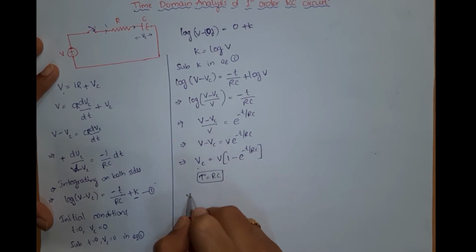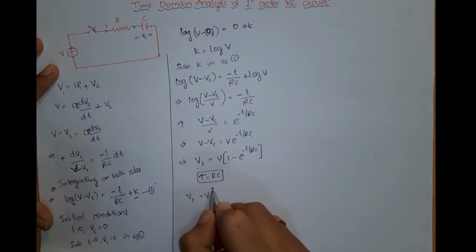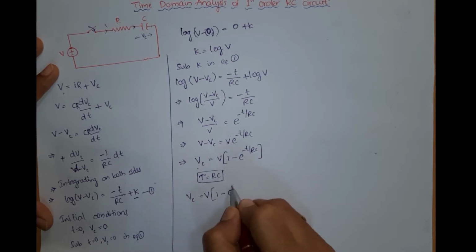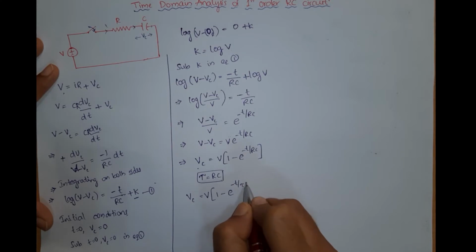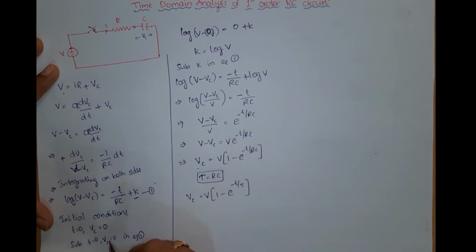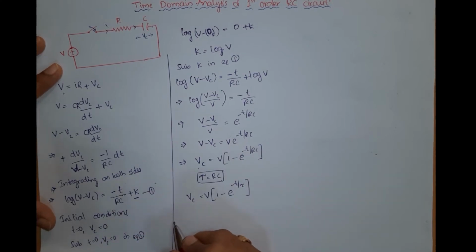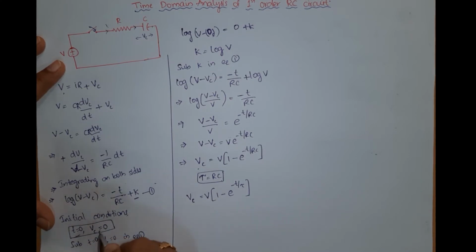So substituting this, I will get Vc equals V into 1 minus e power minus t by tau. Now let us see the behavior or the change in response of this capacitor for different values of t. At t equals 0, we have found Vc equals 0.